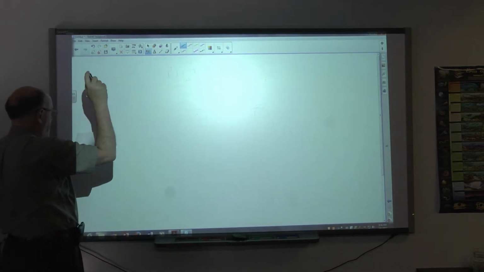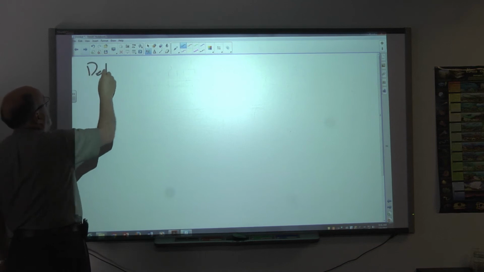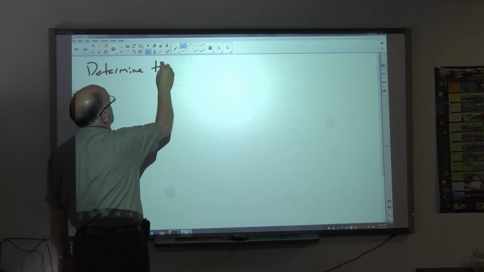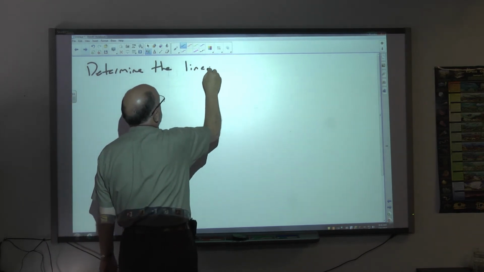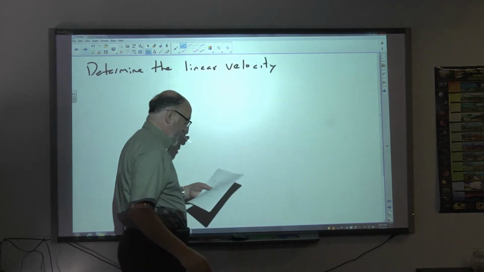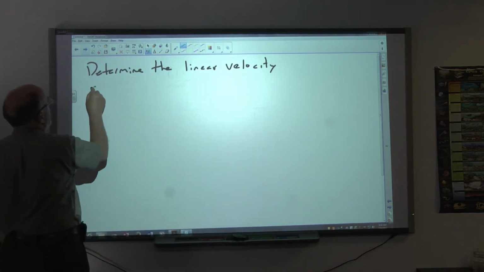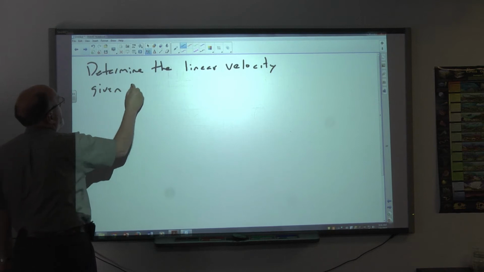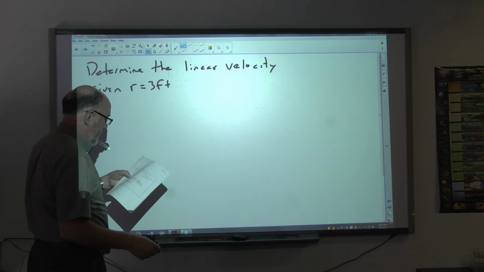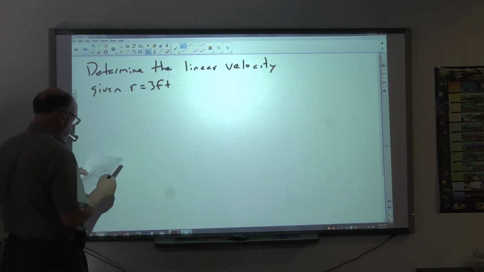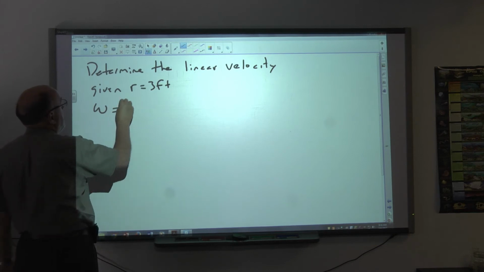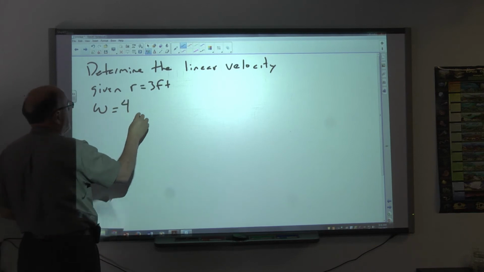So we get something like this. Determine the linear velocity given r is 3 feet, and the angular velocity is 4 radians per second.